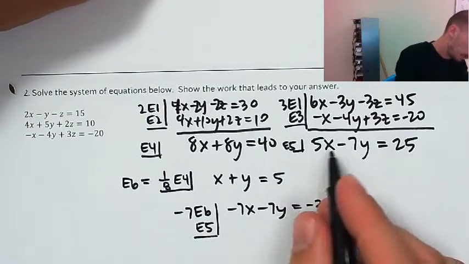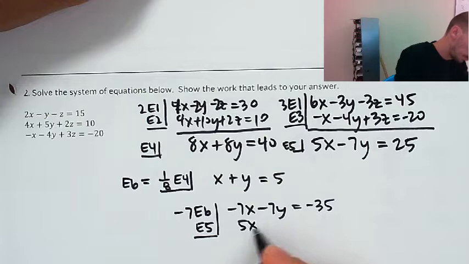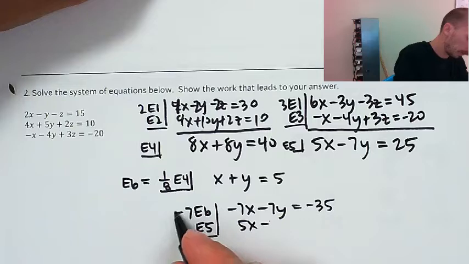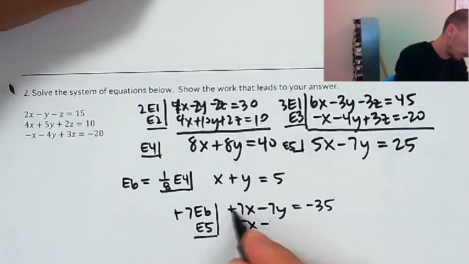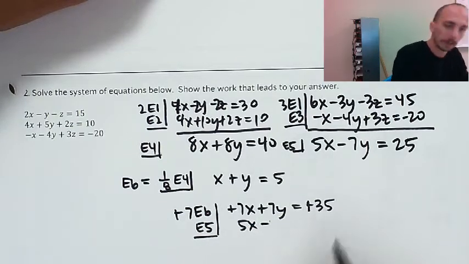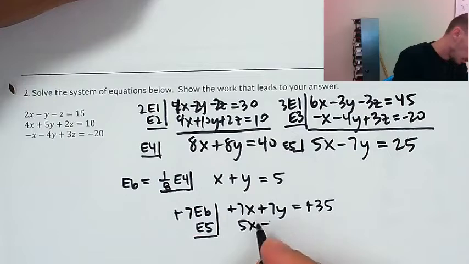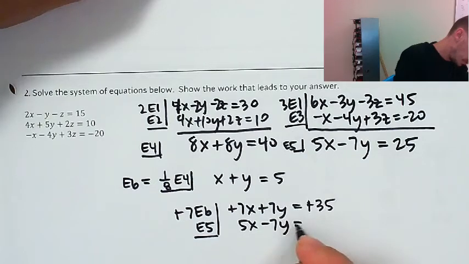And then plus equation 5 is 5x. So I guess I really just wanted positive 7 of equation 6. Okay, but that's all right. I can make that change pretty easily. 5x minus 7y equals 25.